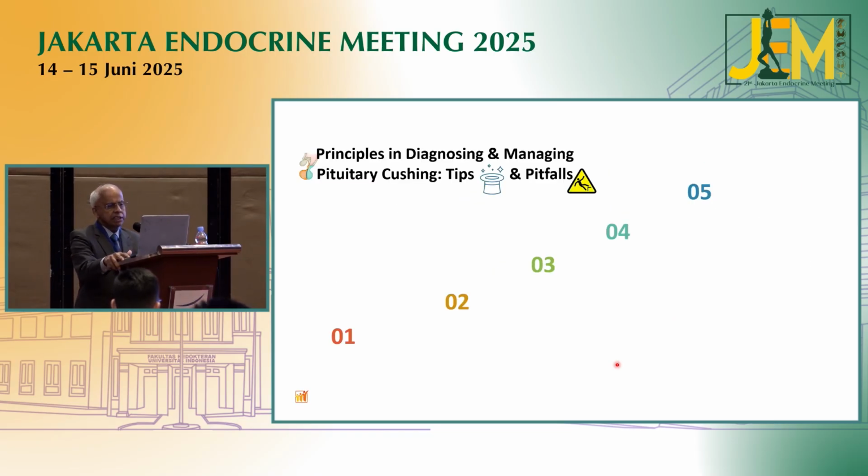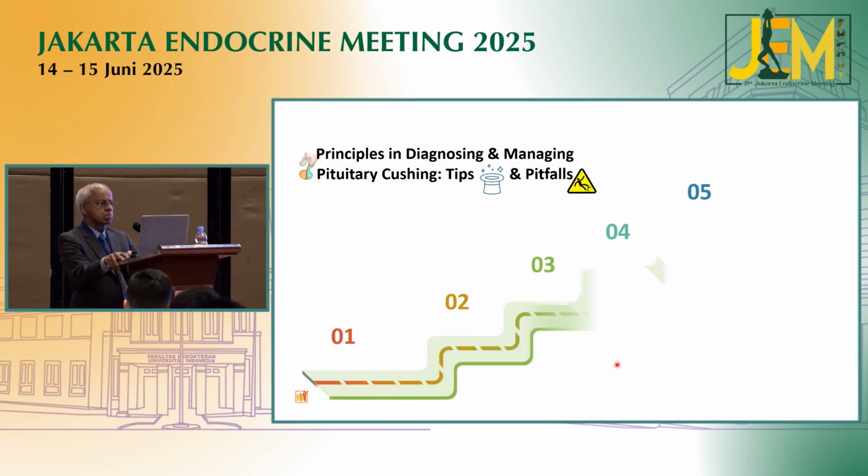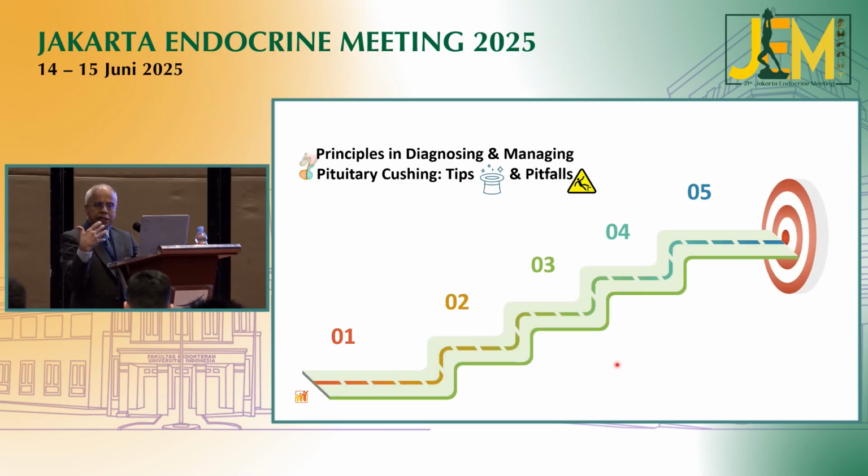In discussing this topic, I thought I'll cover 5 areas. I'll go in steps before I reach the target. And that would include diagnosis of Cushing syndrome in itself, the diagnosis of ACTH-dependent Cushing's, and then confirmation that it is pituitary Cushing's.